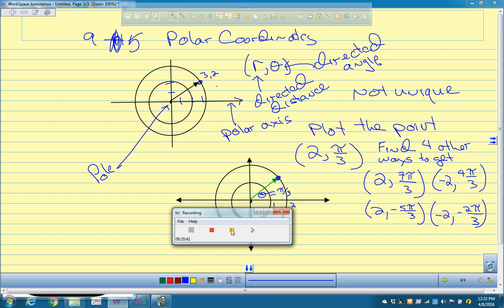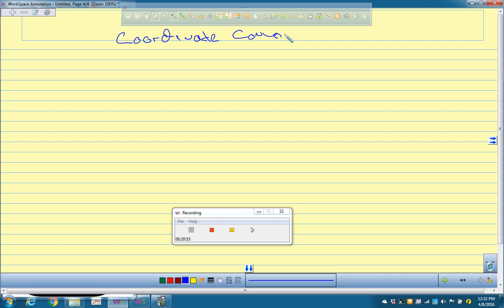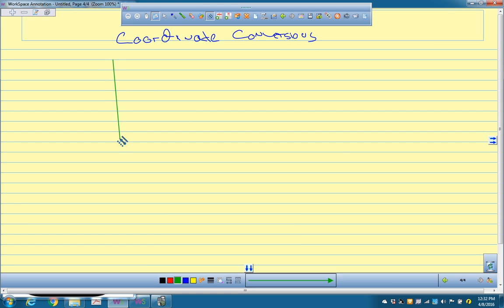So the next thing is called coordinate conversion. So you can use these to go either direction, okay? And all of these are based on the idea that, whoops, I want arrows on both ends.